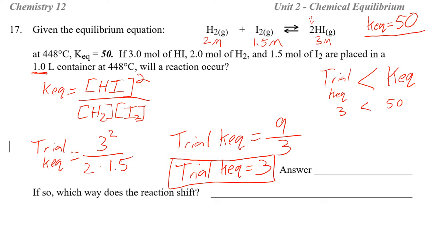So what that means is that this trial, or this test on KEQ, we came up with a number of 3. It wants to reach equilibrium. That means it wants to become the number 50. So how does this fraction become the number 50? Well, the numerator must become bigger.